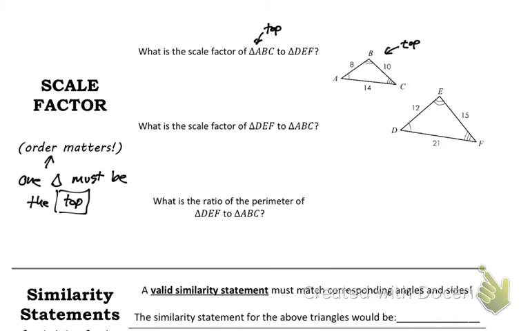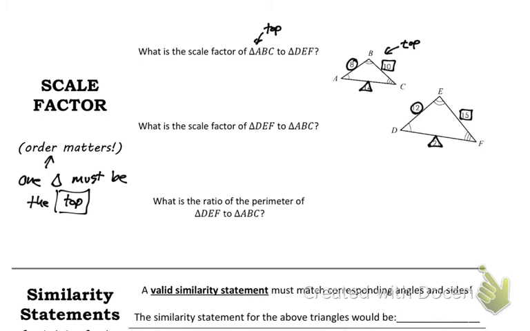Now I'm going to look at the corresponding sides. This is 1 tick mark to 2 tick marks, A to B. So my corresponding sides would be this 8 and 12, this 10 and 15, and this 14 and 21.